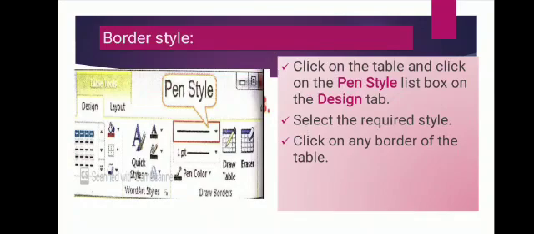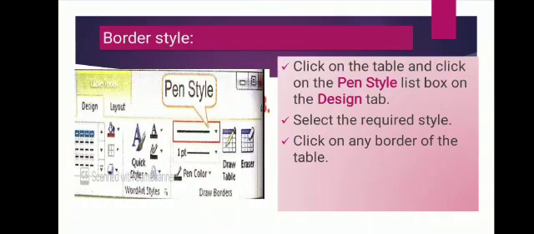Okay, if you want to erase a border, so to erase a line of the table, click on the eraser tool. The eraser tool is also present here in the design tab, and drag the mouse pointer, then it will erase it. Okay, now next is border style.